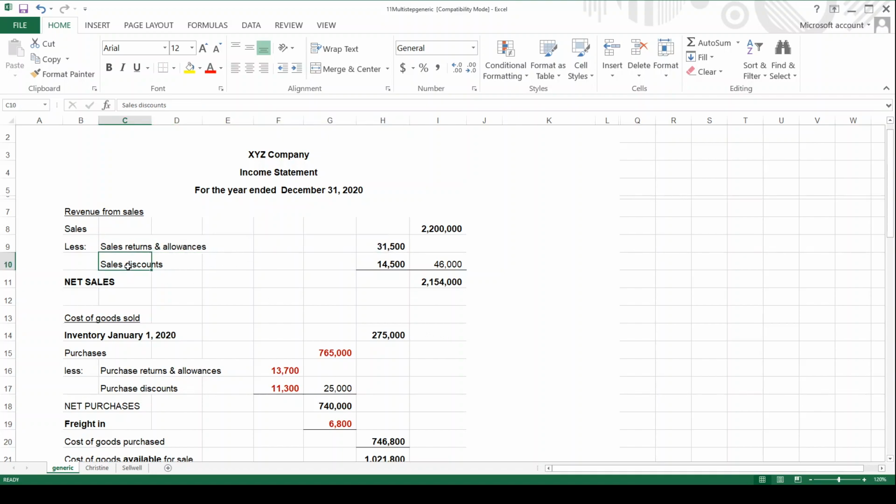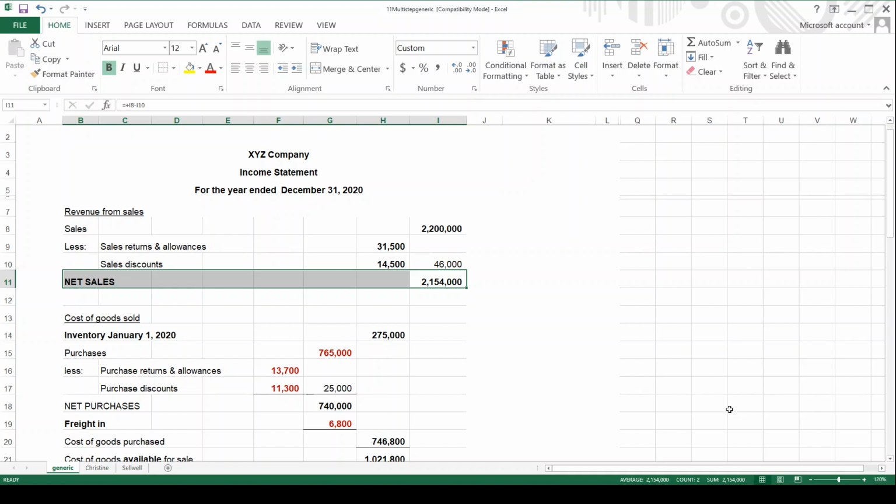And then we had sales discounts, which we gave to customers for paying rapidly, let's say within 10 days. Okay. So you add these together, 46,000, and subtract from your gross sale amount to get to a world famous subtotal known as net sales.